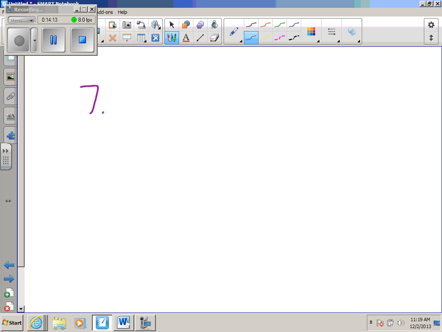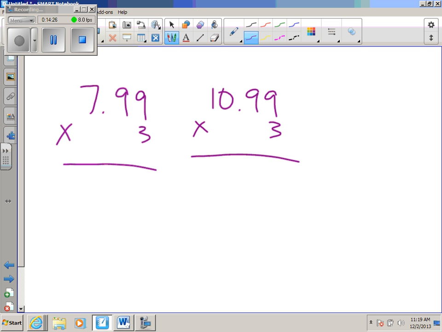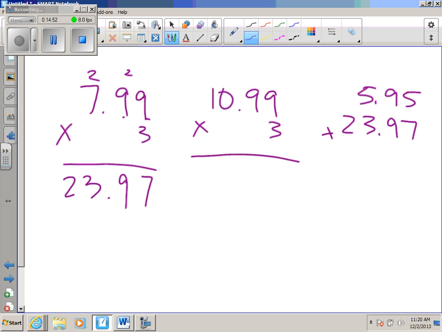3 cassettes. $7.99 a piece. He needs 3 of them. Plus, he orders 3 CDs for $10.99 each. Okay, let's find this out, and then what we'll do is we'll add the $5.95 shipping and handling to it. Okay, so 27. 27 plus 2 is 29, and 23, 2 decimals, so 23.97.